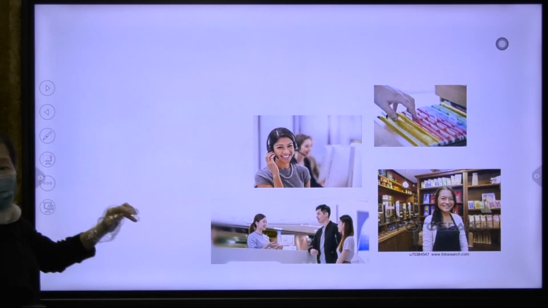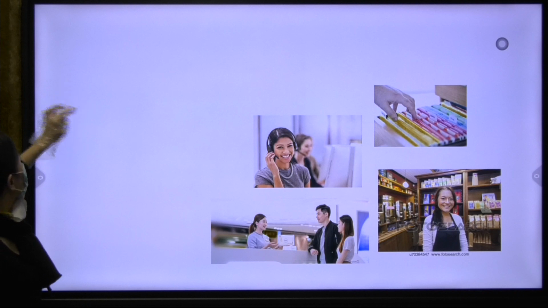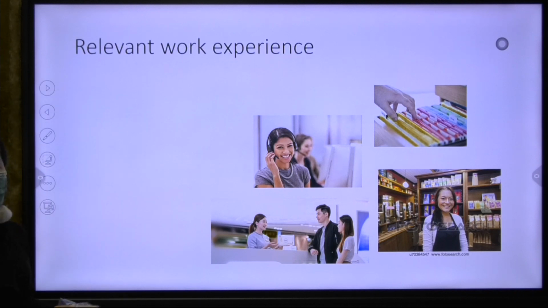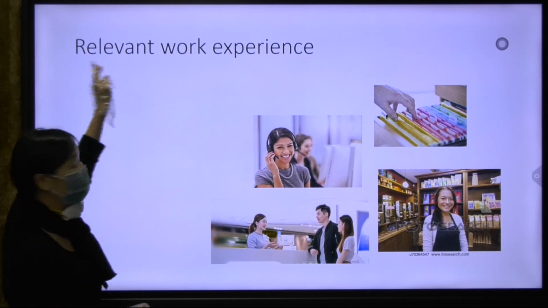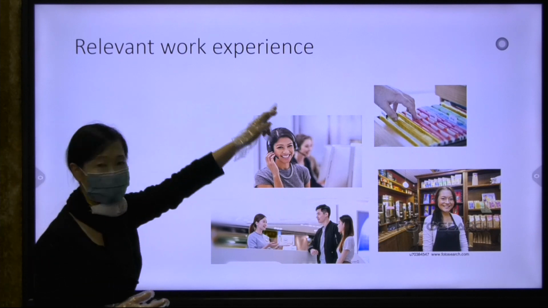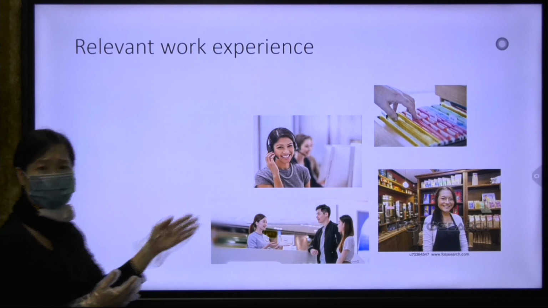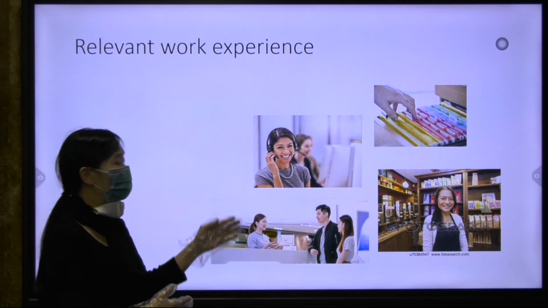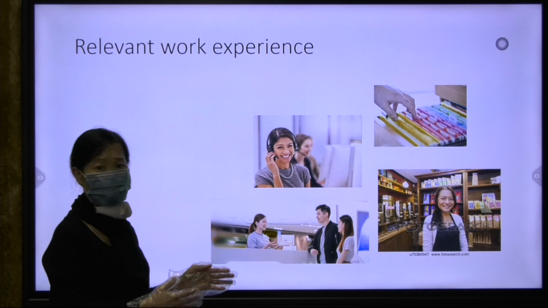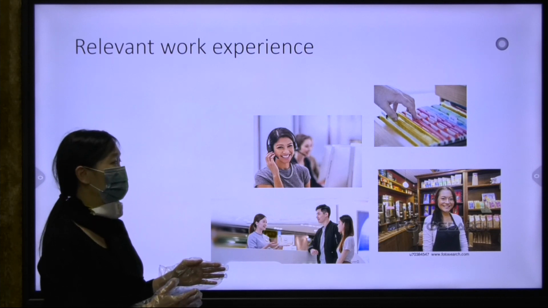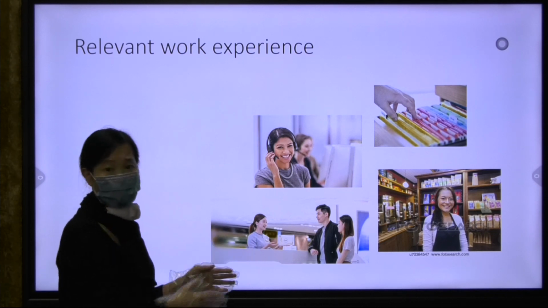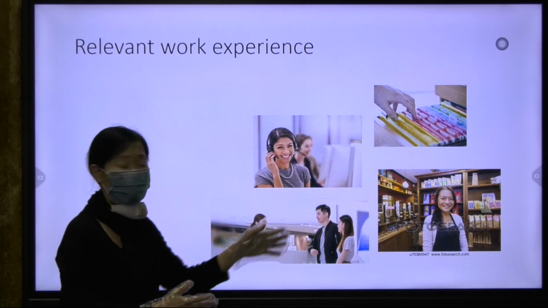And then the next thing that he needs to put into the application form, relevant work experience. What kind of jobs has Tommy done that helps him get this job? Why he is a good person to be working in the arts gallery. So something that is related.